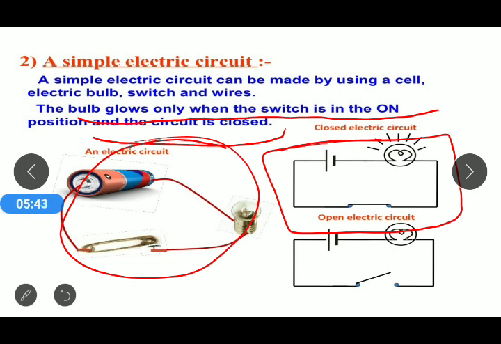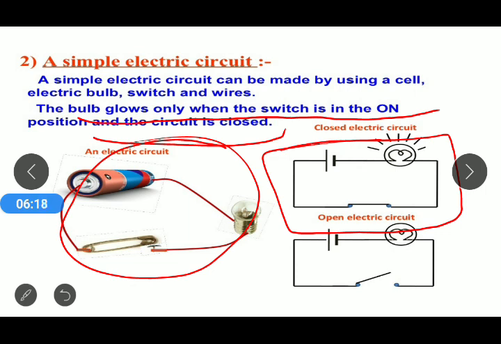If any fault occurs in that particular electrical appliance, then with the help of the circuit diagram we can easily find out where the problem is, and an engineer or electrician can easily sort out that problem. That's why the circuit diagram plays a very important role. So this is the representation of a circuit diagram.